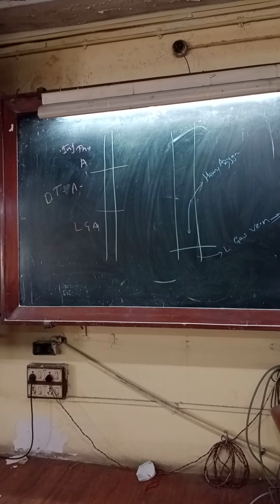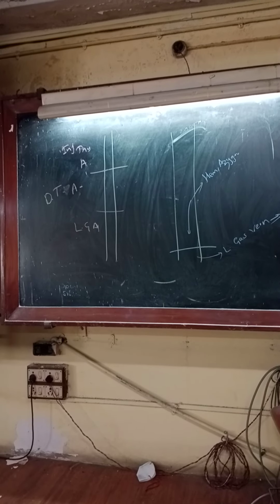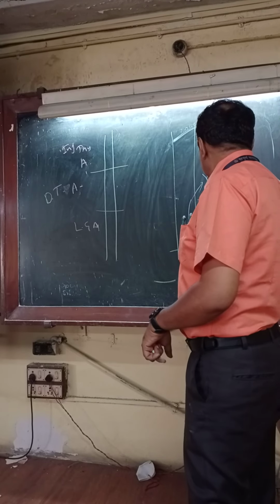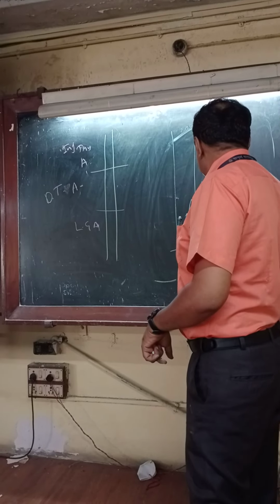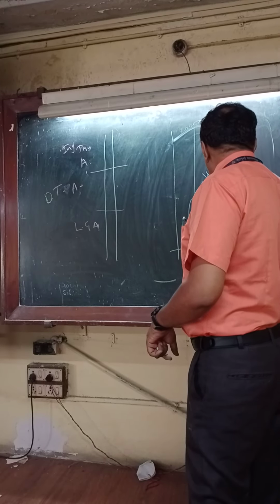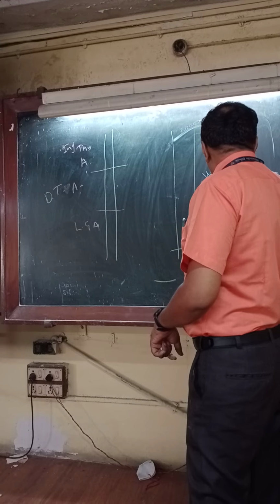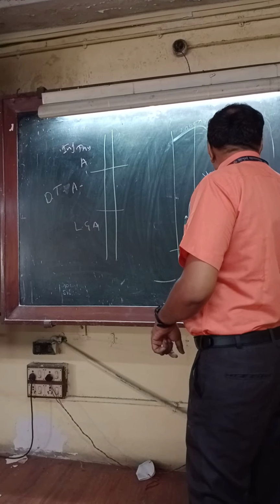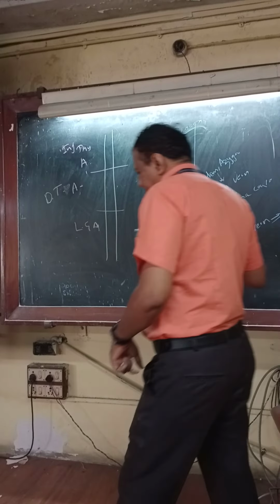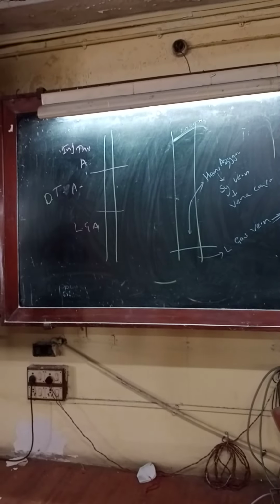Why am I teaching you this by heart? Because the hemiazygous vein drains into systemic veins, that is the vena cava. The left gastric vein drains into the portal vein.